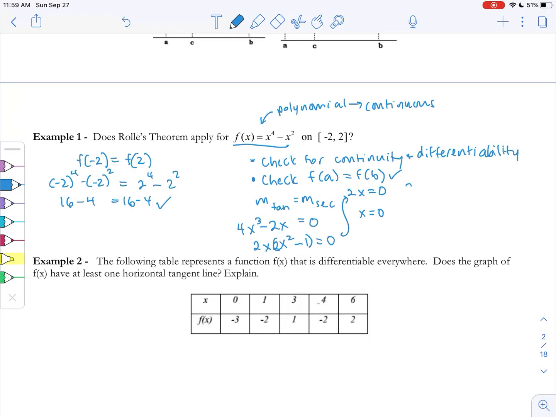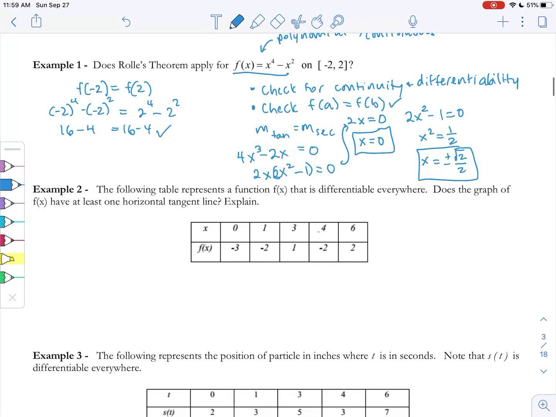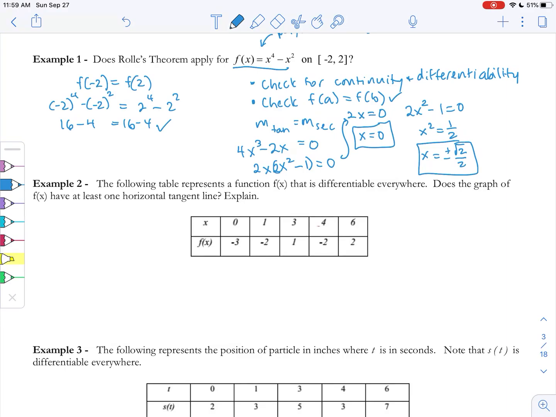And then if we set 2x squared minus 1 equals 0, we get x squared equals 1 over 2, or x equals plus or minus radical 2 over 2. And we know from our many problems with trig that rad 2 over 2 does fall between -2 and 2. So there's actually 3 values in which this is satisfied. And so these are our c values or our x values between a and b.